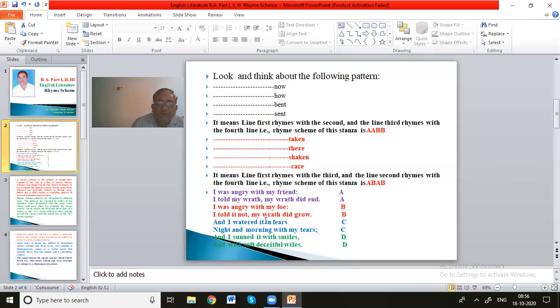I told it not, my wrath did grow." Both lines match, so it is B, B. "And I watered it in fears, night and morning with my tears," C, C. It is "fears" and "tears." "And I sunned it with smiles and with soft deceitful wiles." "Smiles" and "wiles" both match, that is, they rhyme with each other, so we say D.